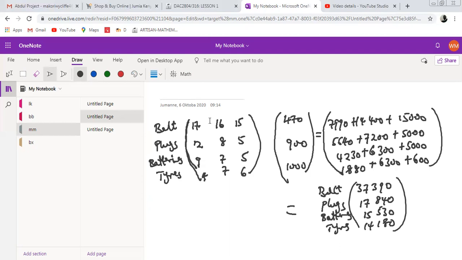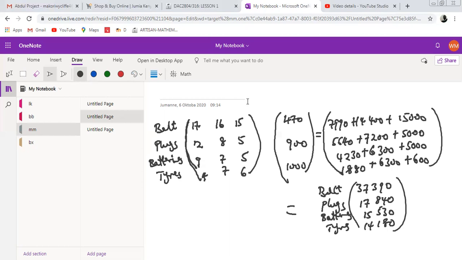So here we have the saloon, we have the saloon, station wagon, and actually the double cabin. So you need to understand that.